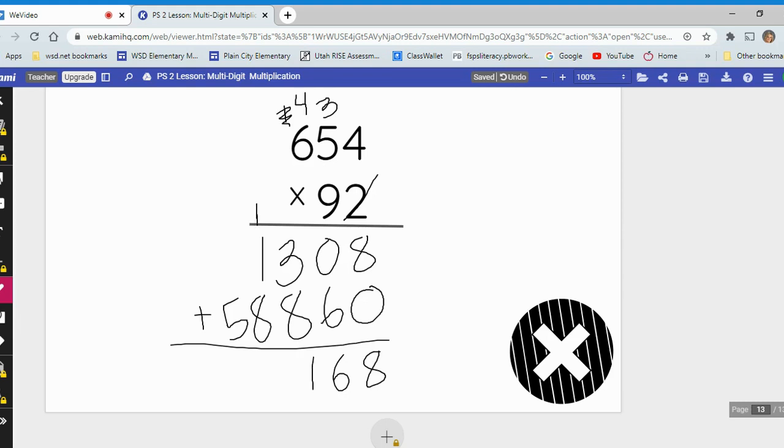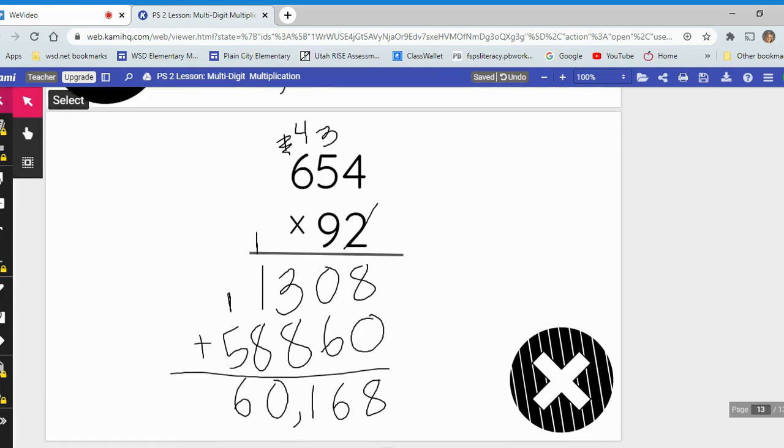Carry a 1. 8 plus 1 is 9, plus 1 is 10. Carry a 1. 5 plus 1 is 6. And put a comma. So 654 multiplied by 92 should have got you 60,168.